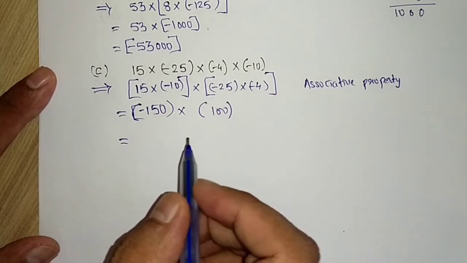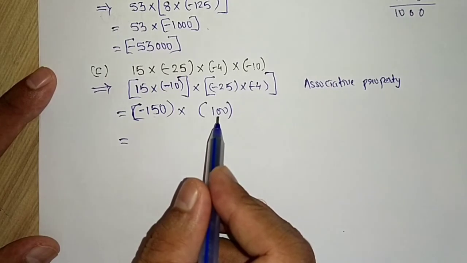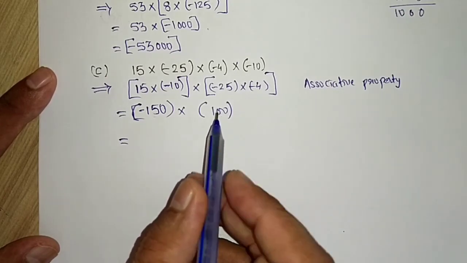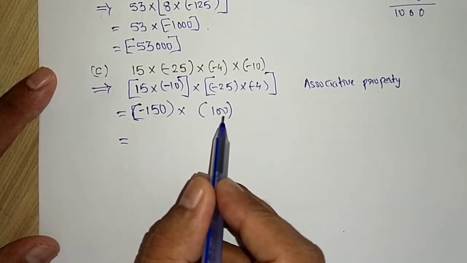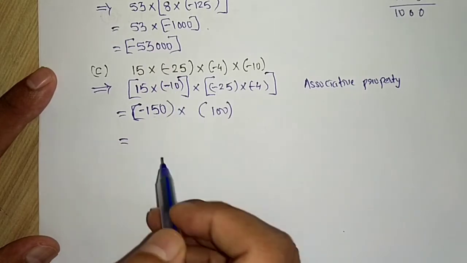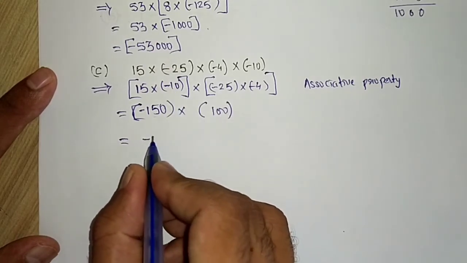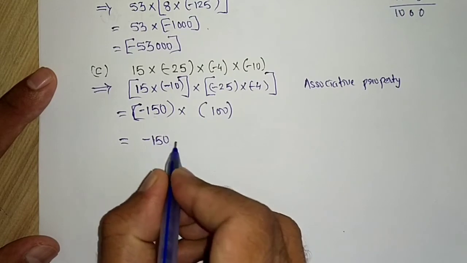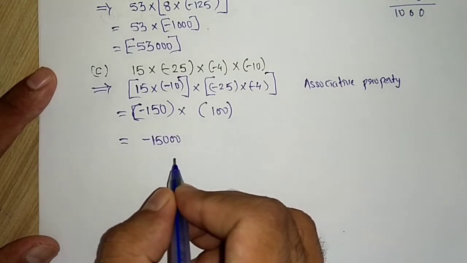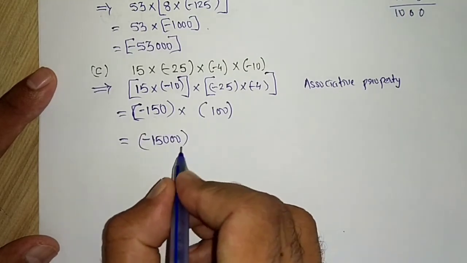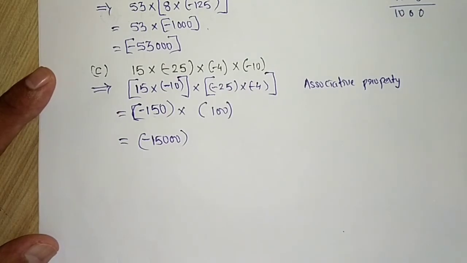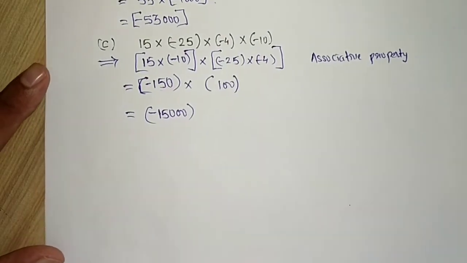Very easy, I have told you, anything multiplied with 10, 100, 1000, you just have to add the zeros to the first product. So it will be 150 and then 2 zeros, that will be minus 15,000. It was very easy, students.